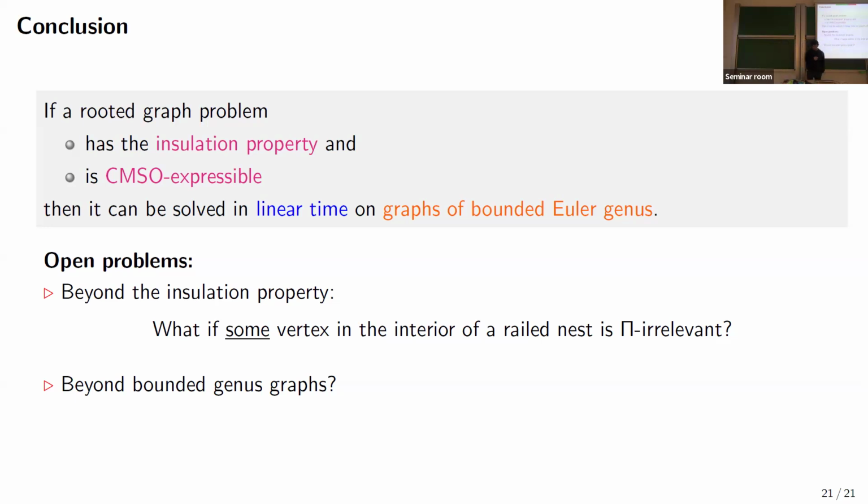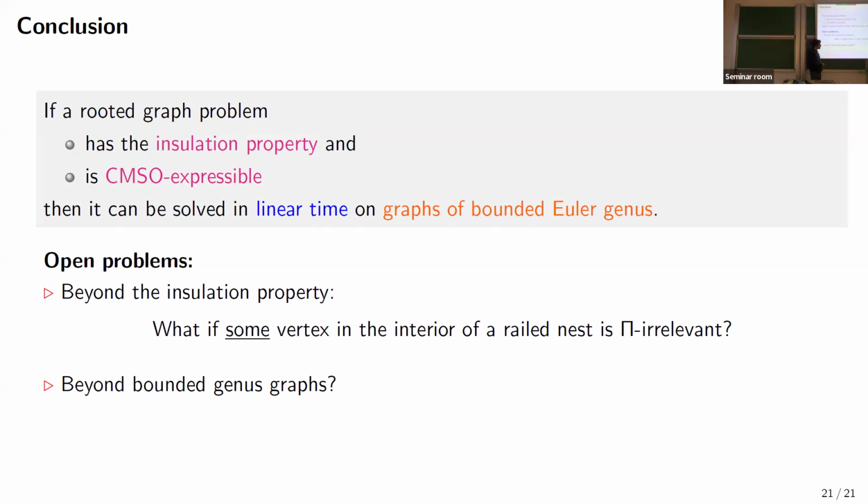But this problem belongs to a general family of problems that have some weaker insulation property. In fact, when you have a railed nest, you cannot say that every vertex in the interior is irrelevant, but there is some vertex that is irrelevant. And of course, to find this vertex requires extra algorithmic work.